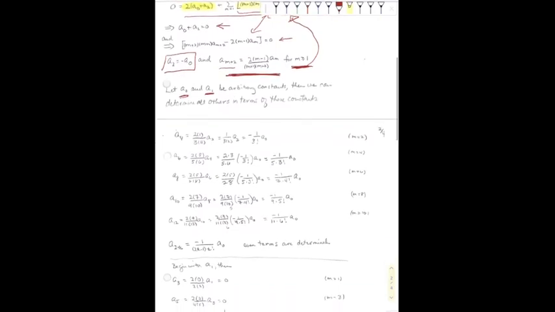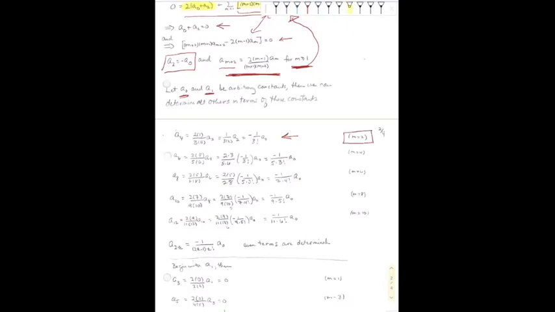And that's what you see happening right here. So I start with the fact that A4, well, what is that? That's really the case where I'm looking at A4 in terms of A2. That is the m equals 2 case of my recurrence relation.